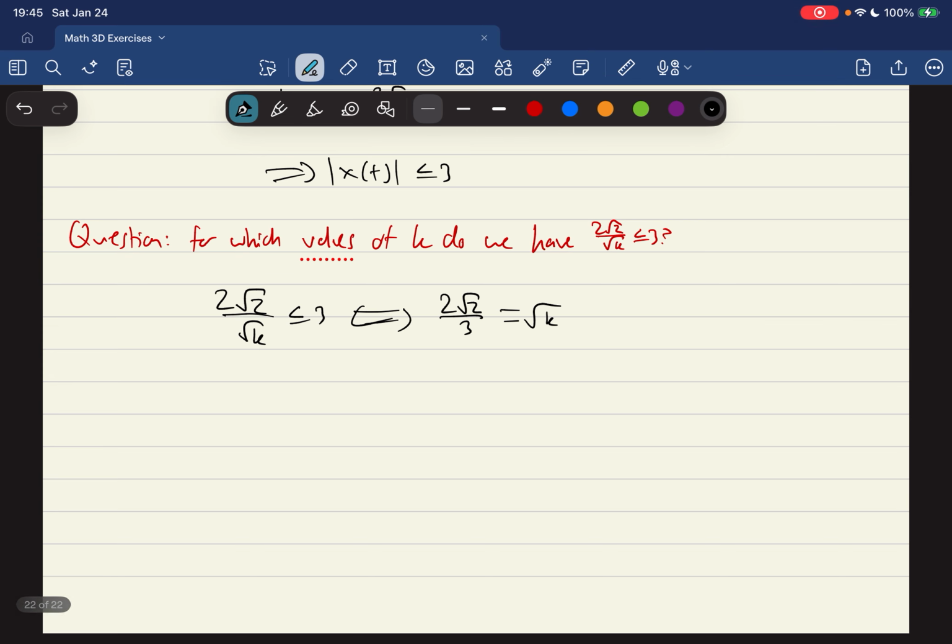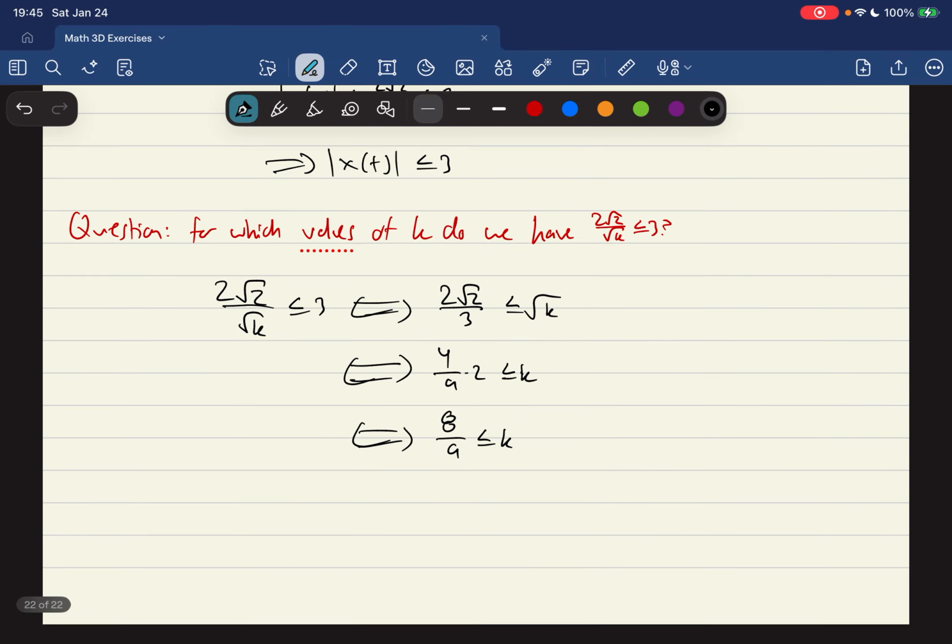And then squaring both sides, we're going to get 4 over 9 times 2, less than or equal to k. Or in other words, 8 over 9 has to be less than or equal to k.